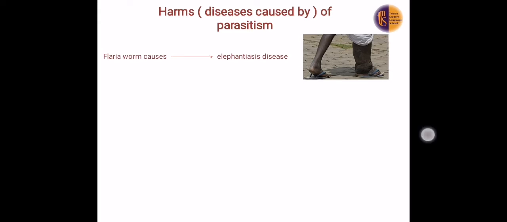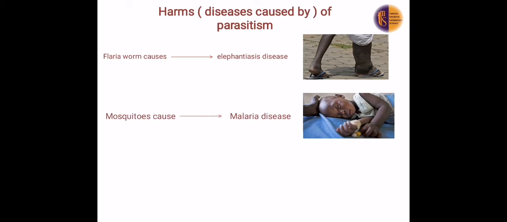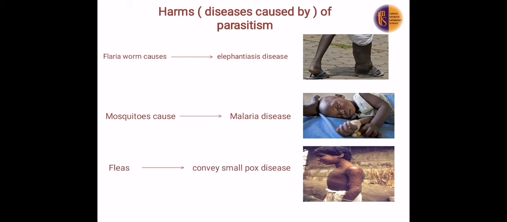Now we'll talk about the harms or the diseases caused by parasitism. Number one, the filaria worm. It causes elephantiasis disease. And what do mosquitoes cause? Mosquitoes cause malaria disease. Fleas can convey smallpox disease.